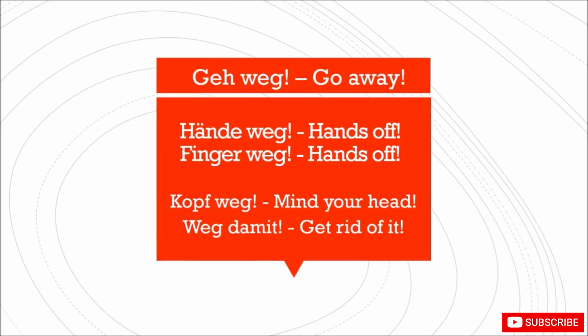And we have a few phrases as well. They may come in useful one day. Geh weg, go away. Hände weg, or sometimes we say Finger weg. That's hands off. Kopf weg, mind your head. Und weg damit, get rid of it.